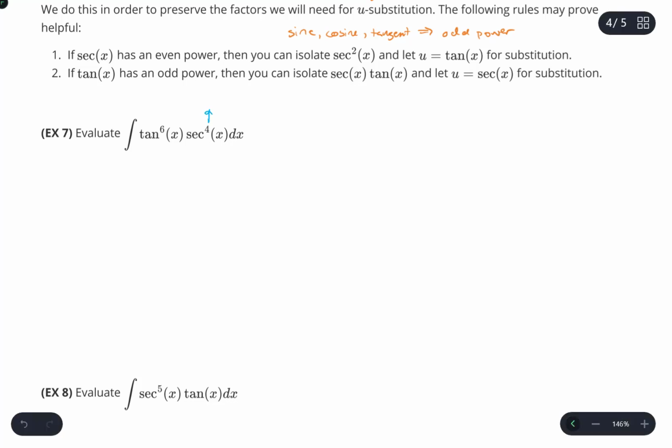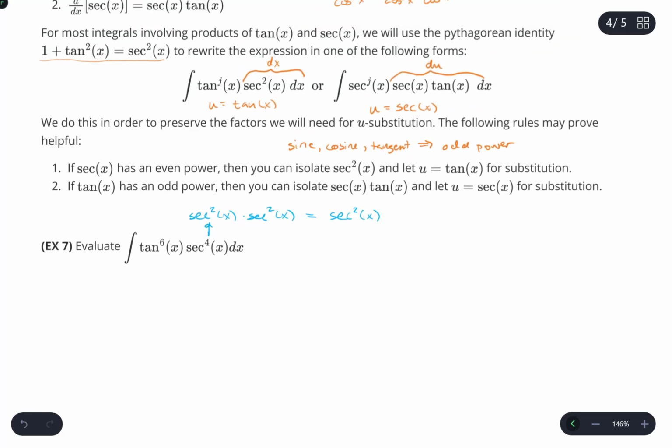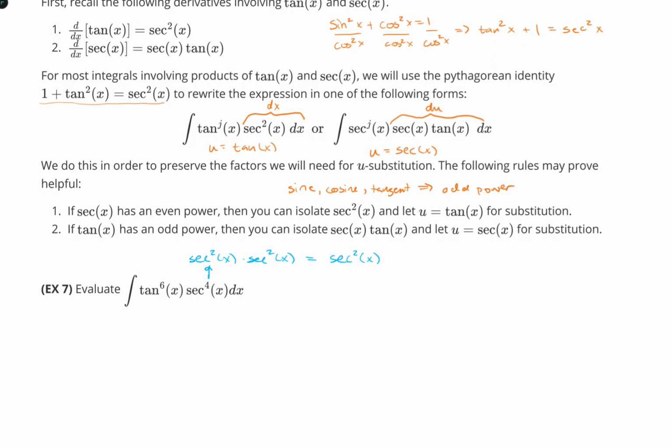Secant to the fourth could be written as secant squared x times secant squared x, which could be written as secant squared x, and it's great to have this rule written down somewhere on your paper so that you don't accidentally put that +1 in the wrong place.